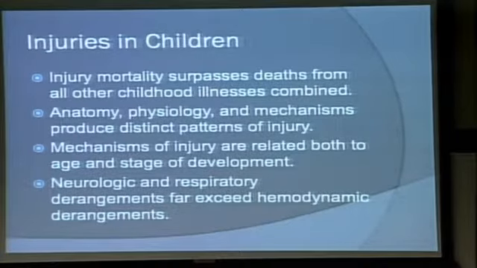So younger children have different injury patterns than older children. Neurologic and respiratory derangements far exceed hemodynamic. In other words, trauma shock is more likely to be caused by a neurologic injury or respiratory problem than it is by simply bleeding.